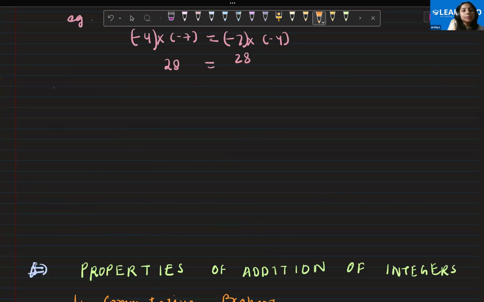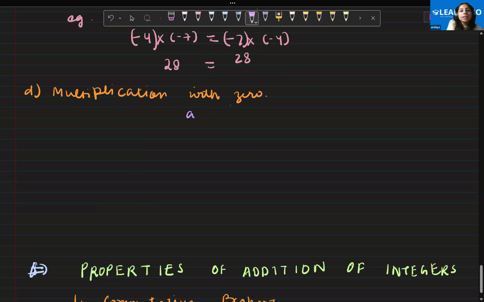The D part will be multiplication with 0. It's very simple. Let's say I have an integer a. If I multiply it with 0, the answer will be 0. This is something you already know, but still write it down.